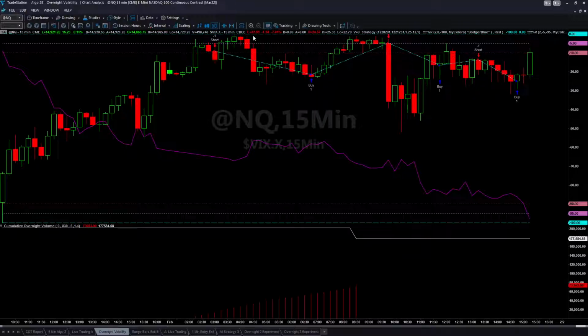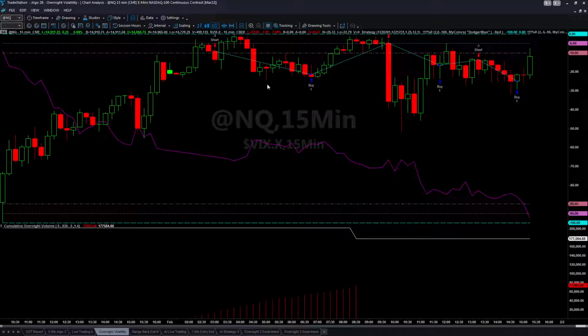And whenever it is above 25, the market is normally in trend mode. So you get these really long swings in the Nasdaq whenever you see the VIX above 25. And whenever it's below, you get all this cycle type of trading right here.